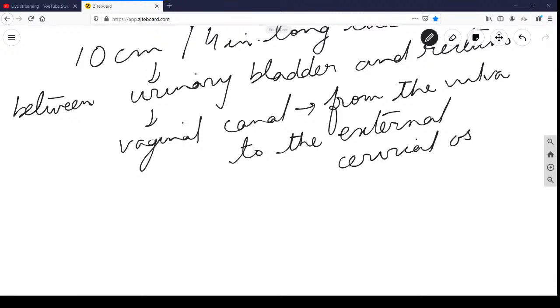The opening of the external cervical os into the vagina is circumscribed by a recess. This is known as the fornix. The recess allows support for a diaphragm contraceptive also.